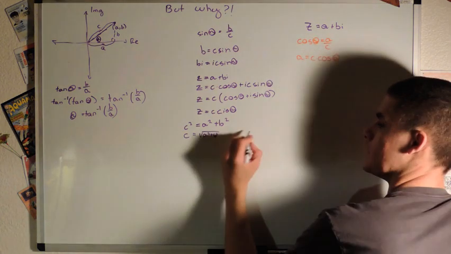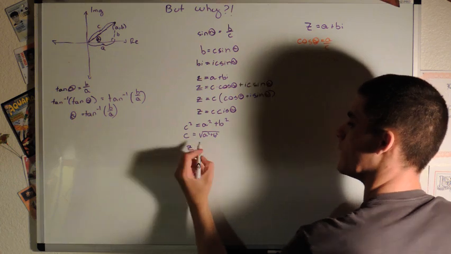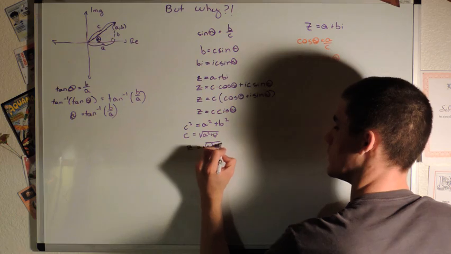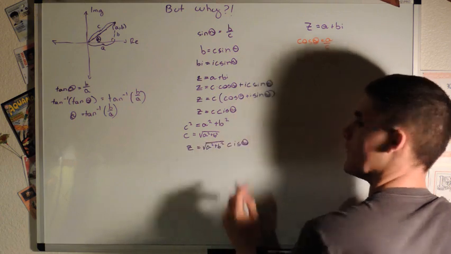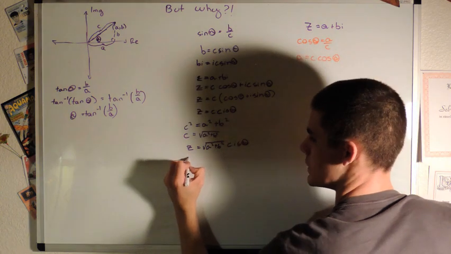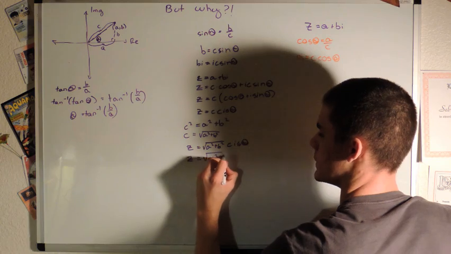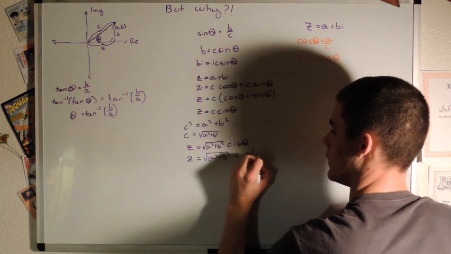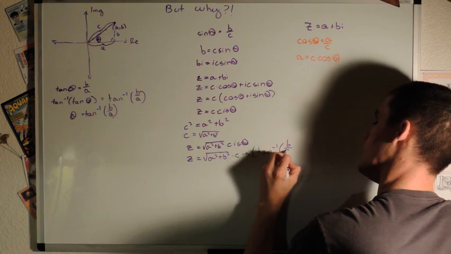And so that means z is equal to the square root of a squared plus b squared cis theta. As I previously mentioned, theta is going to equal arctangent of b over a. So z is going to equal the square root of a squared plus b squared times cis of the arctangent of b over a.